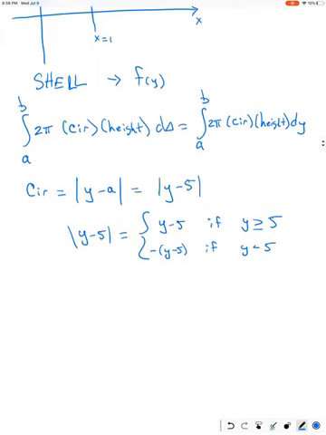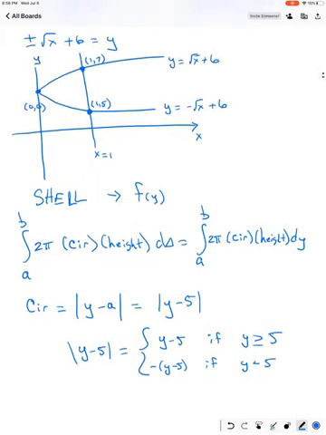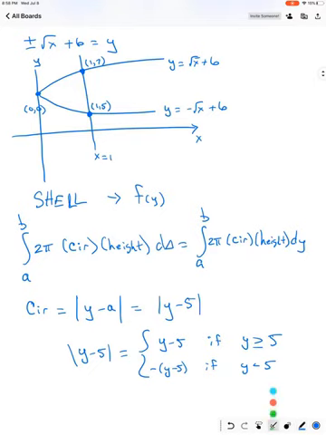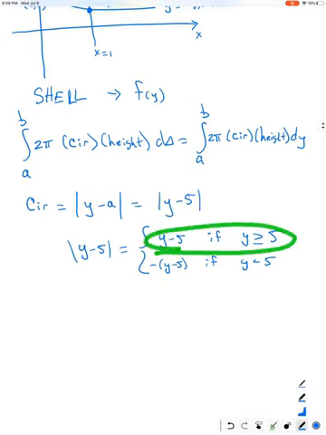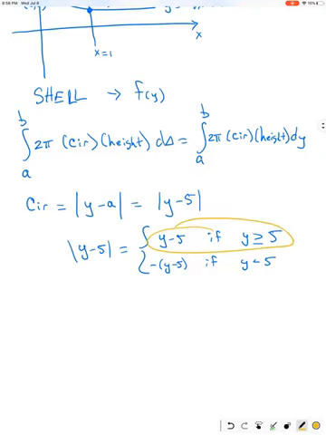In our case, with respect to y, we're talking about things bigger than 5. So we want to use the top part of the piecewise function for our circumference. I'm going to make my circumference equal to y minus 5, that positive case.